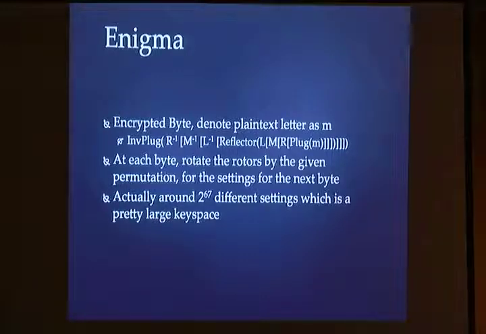And this actually gave you about 2 to the 67 different settings, which is a reasonably large key space, especially for the time. A side note is Enigma changed 5 or 6 times during World War II. I'm only giving you the middle one, which is considered the normal Enigma, which we discuss. And all of them essentially just added rotors or a secondary reflector after it. But this is just the simple structure of its lookup tables and going to and from.